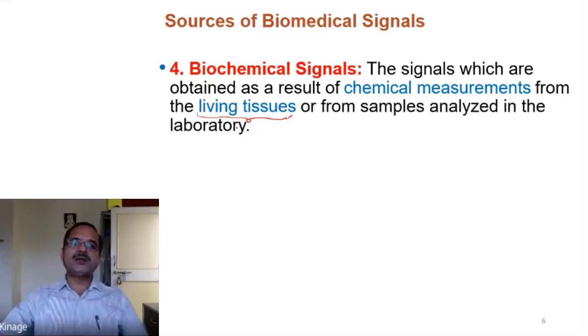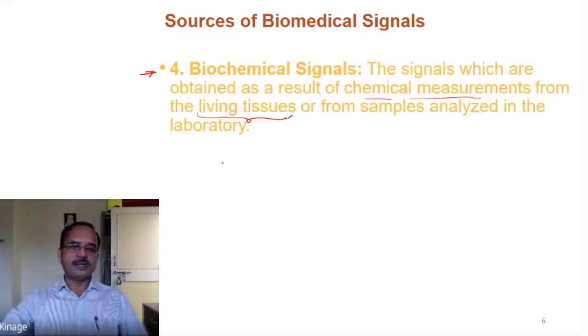So what these pathological laboratories do is they take some sample from the living tissues and they analyze the chemical composition of that, and based on that they give different reports. Okay, so those are these biochemical signals. That is the result of chemical measurements from the living tissues.